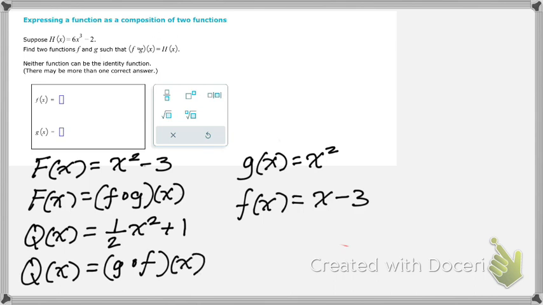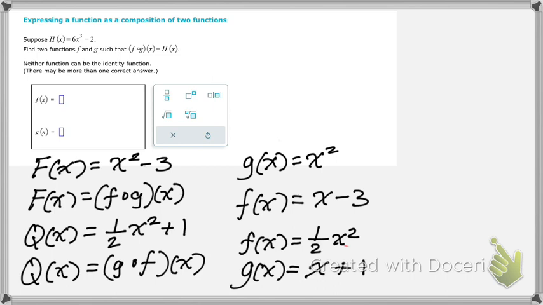So in this case, I'm going to say that f of x is equal to 1/2 x squared, and g of x is equal to x plus 1.